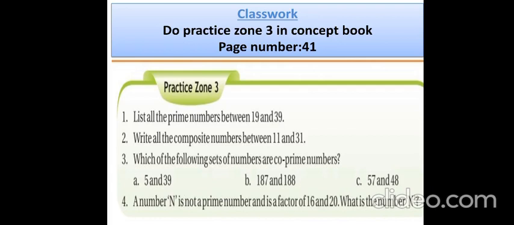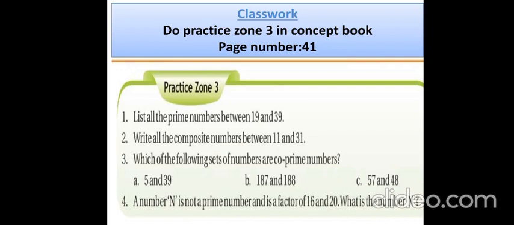So you have to find the factors of these numbers, and if the only common factor of both numbers is 1, then the set of numbers is co-prime. If they have a single common factor 1, then the 2 numbers are co-prime.